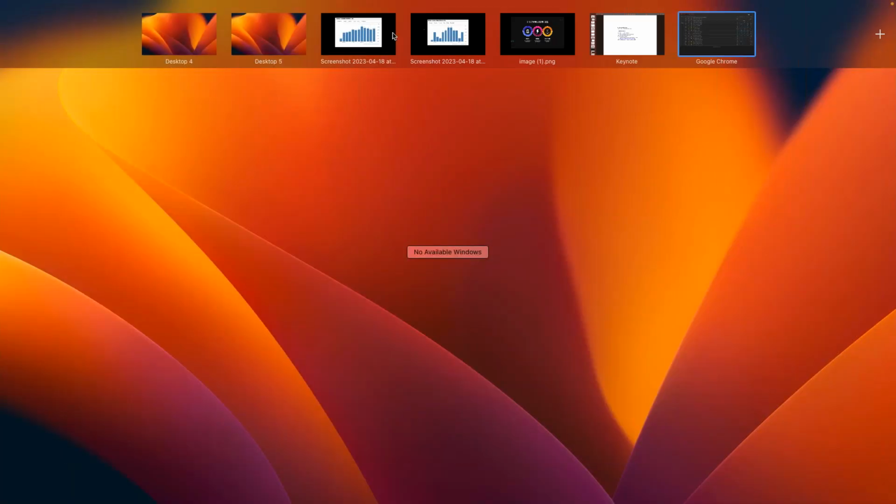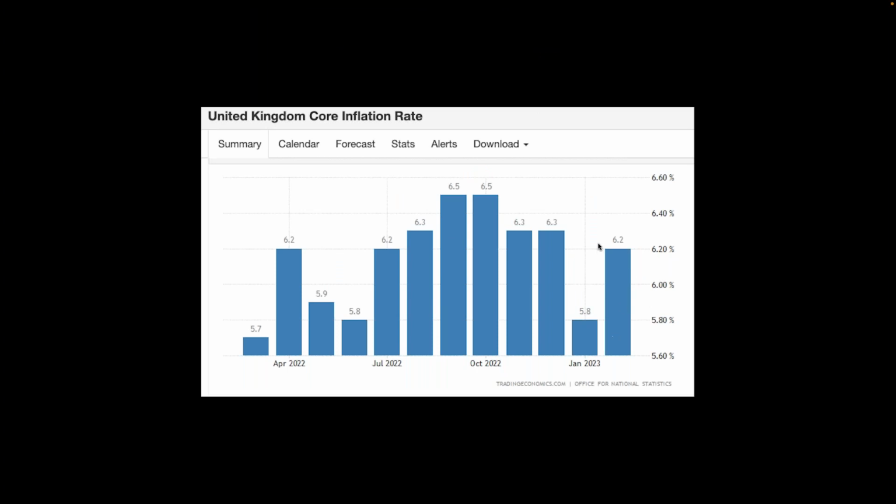So that's for March reading. Looking at earlier months, you've got 6.3 for November, 6.3 for December, 5.8 for January, and 6.2 for Feb, 6.3 now for March. It's just showing inflation is stickier.